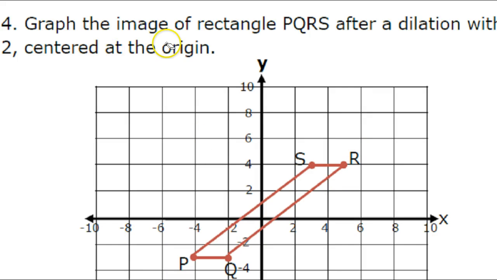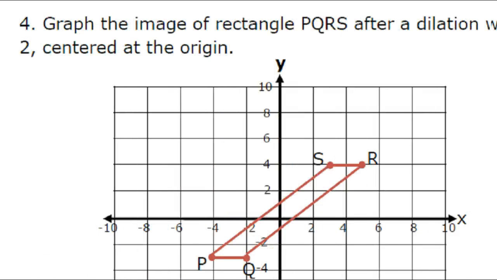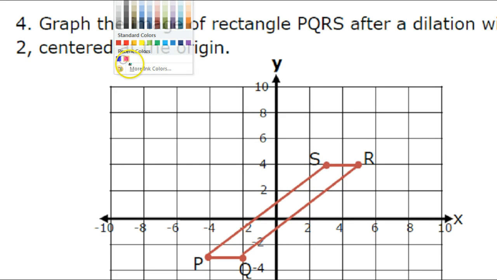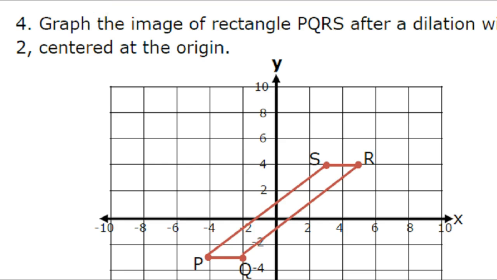All right, for number 4, we're going to graph the image of the rectangle after a dilation with a scale factor of 2 centered at the origin. So this is going to be just like we've done before. Let's look at the ordered pairs here. So this first one, S, is 3, 4.